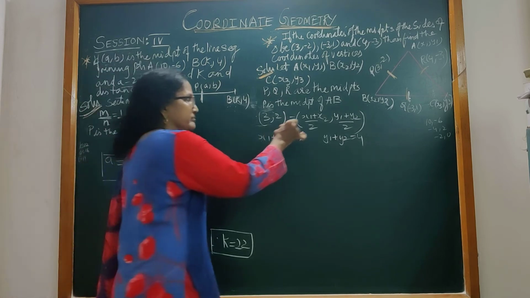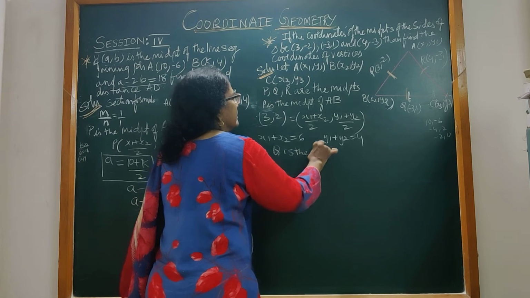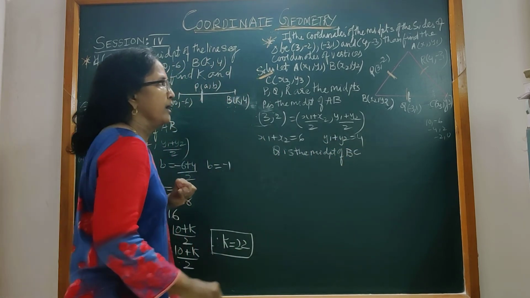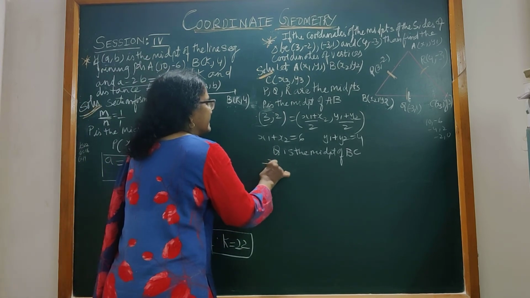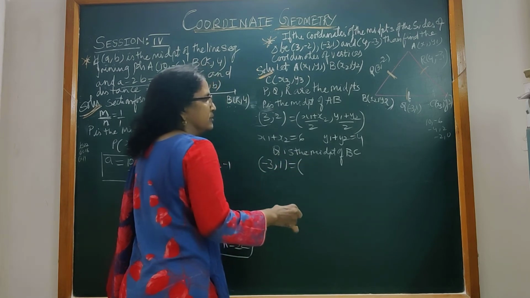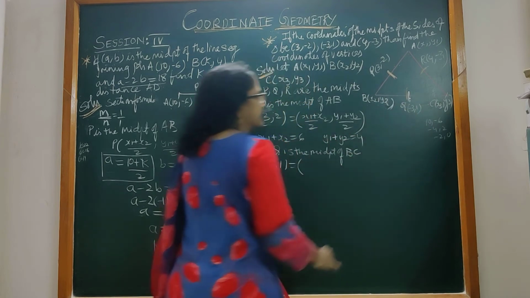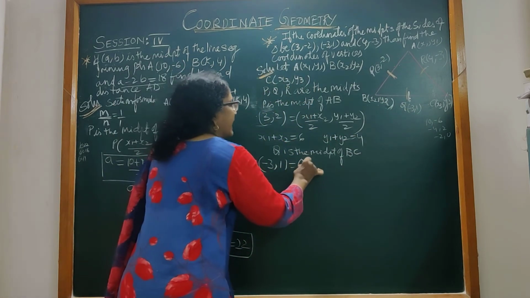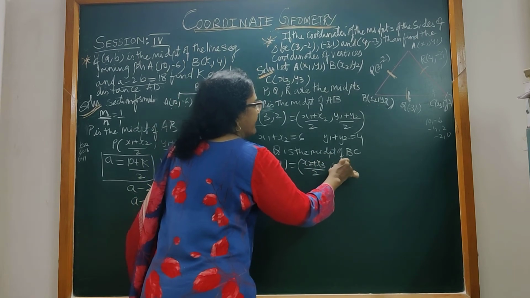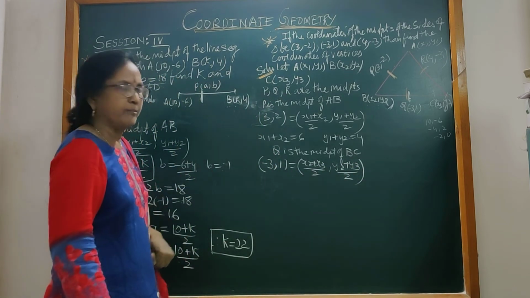Now similarly, Q is the midpoint of BC. Again the same thing: (-3, 1) is equal to ((x2 plus x3) divided by 2, (y2 plus y3) divided by 2), the midpoint formula.